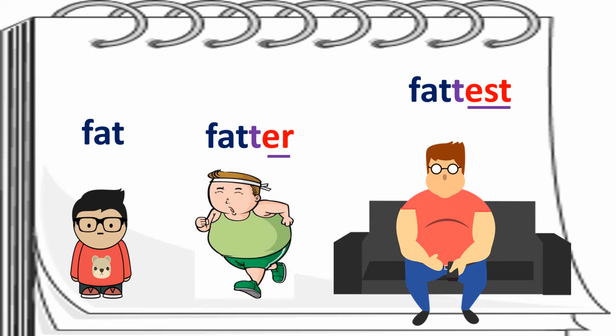Now in the adjective fat, let us look at the letter which comes before the T. A. And A in this word says ah. It makes the short sound. Therefore, when there is a short vowel sound before the last letter in an adjective, we double the last letter and then add er and est.